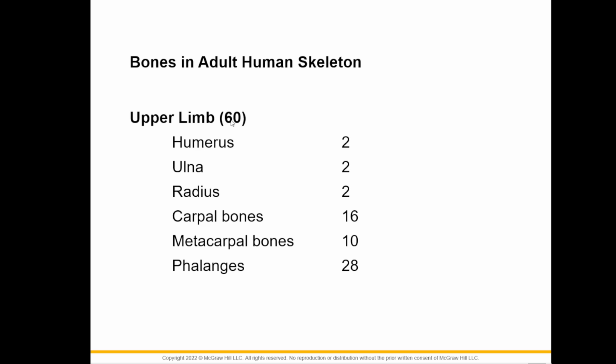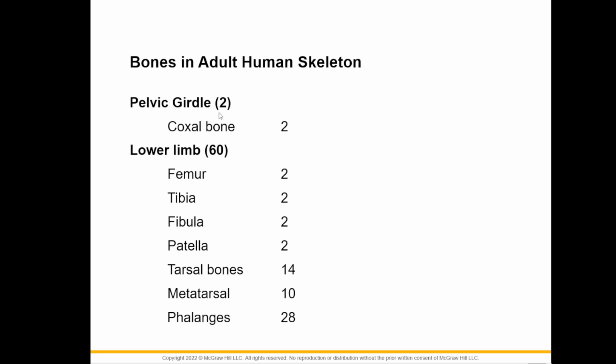So imagine that. 1 humerus on the left and on the right, 1 ulna on the left and right, same with the radius. We have 8 carpal bones on each side, 5 metacarpal bones because we have 5 fingers, and phalanges. We have 14 finger bones on each side of our body. That's the upper limb alone, for a total of 60.